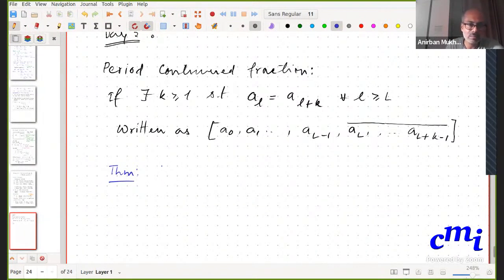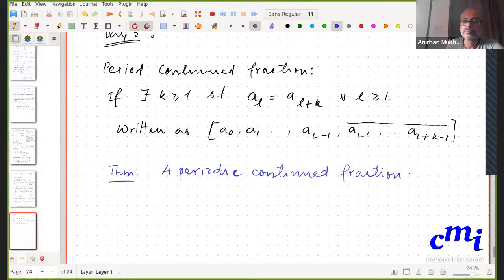So a periodic continued fraction is a quadratic surd.